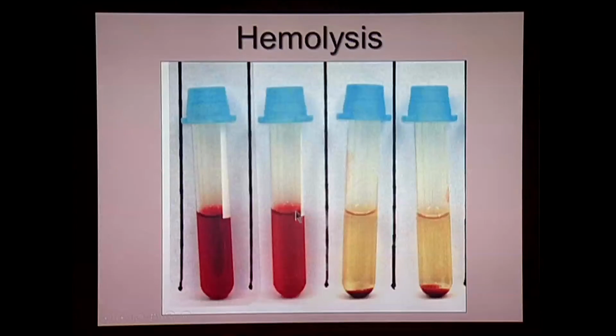Hemolysis is complete destruction of red blood cells, and due to the destruction of red blood cells, the heme is released, and due to the presence of heme, the blood or plasma looks cherry red or dark red. And since no cell is present here, after hemolysis the serum is transparent.